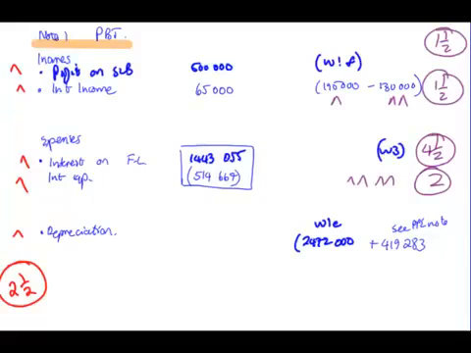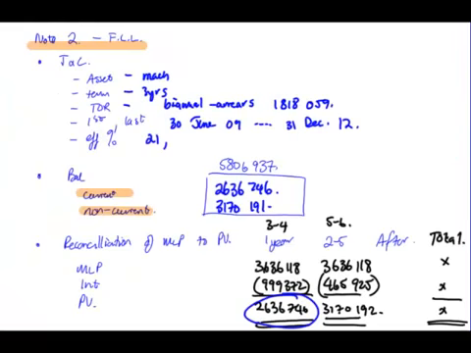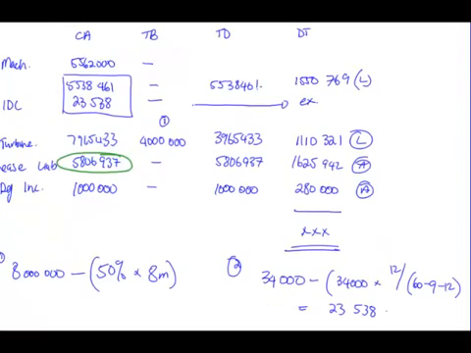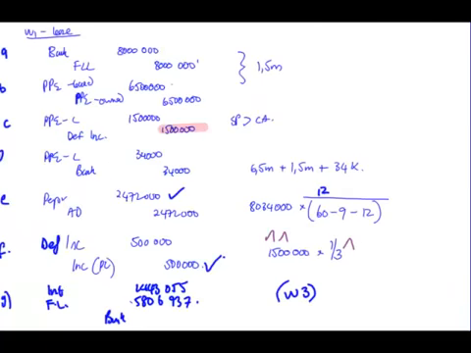As far as the depreciation is concerned, there are 2 figures. So 1E, first of all, was the depreciation. That was 6.5 million plus 1.5 million plus 34,000, and then to depreciate that, it was times 12 months over the remaining useful life.